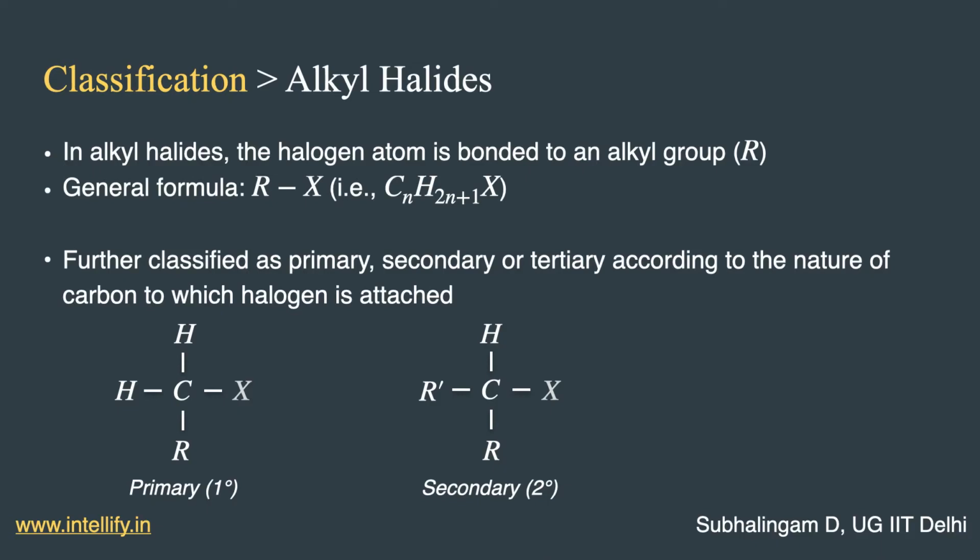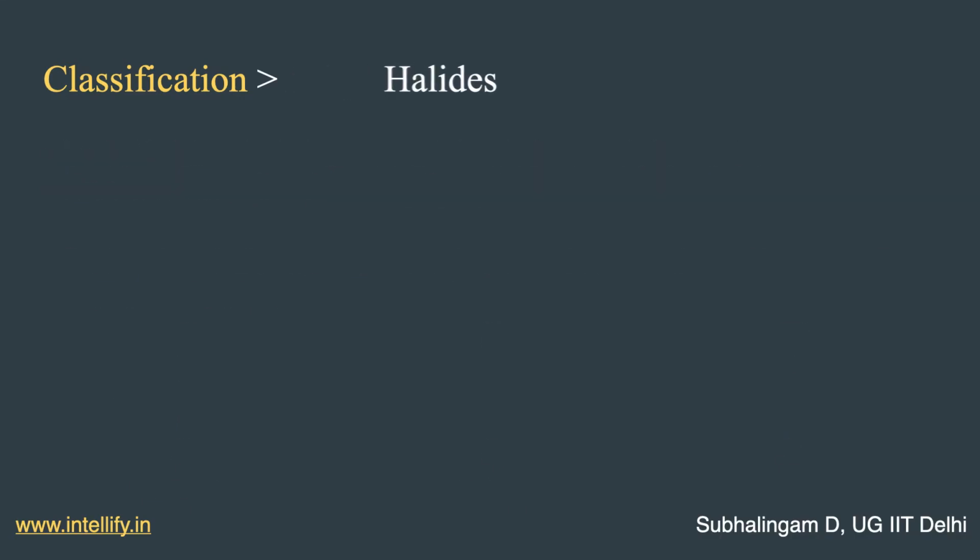In a secondary haloalkane, the carbon to which the halogen is attached has two alkyl groups and one hydrogen. Similarly, in tertiary haloalkanes, that carbon is attached to three different or maybe same alkyl groups, but there are no hydrogens.